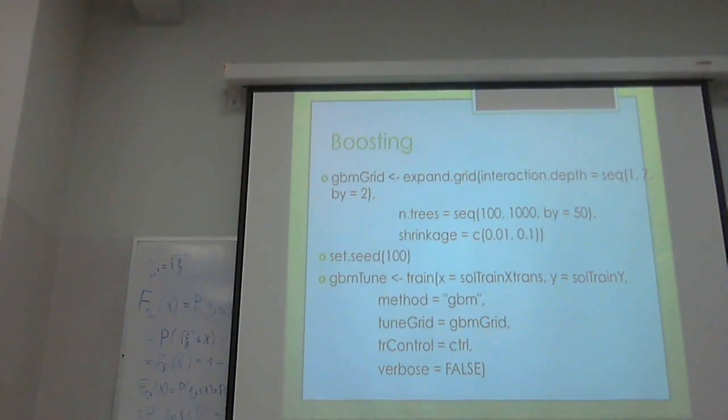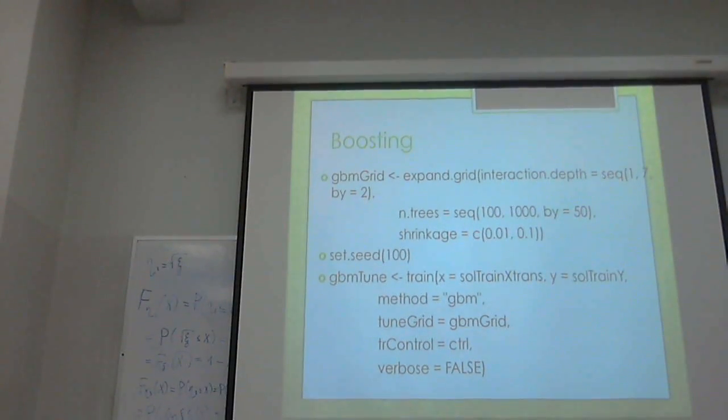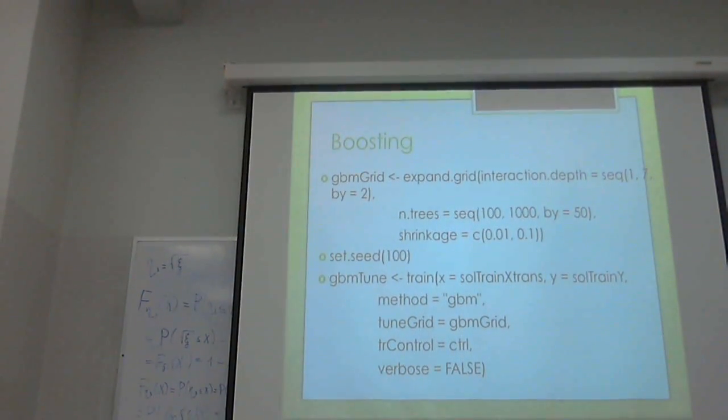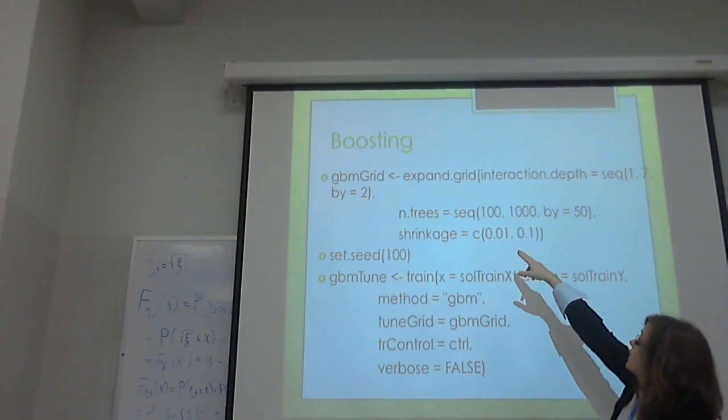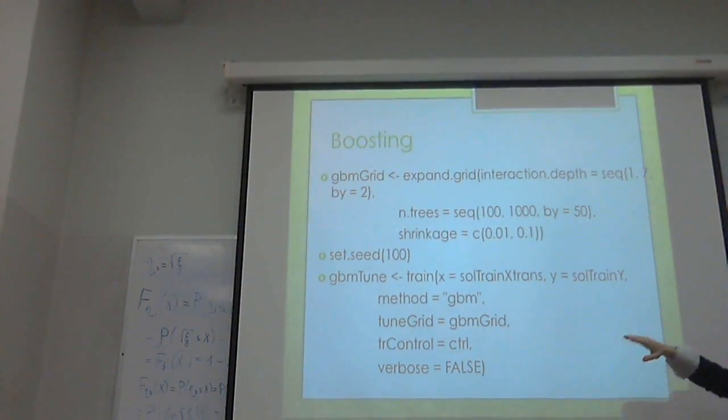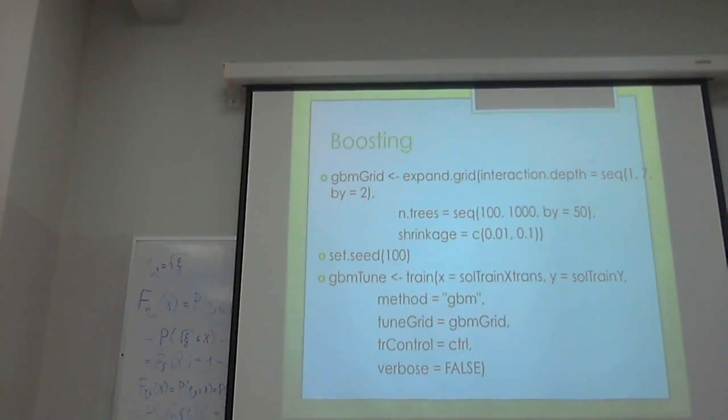First, interaction depth of the tree, which is a sequence from 1 to 7 going by 2. So you took 1, 3, 5, 7. Just 4 values. Then sequence of number of trees, from 100 to 1000, going by 50, meaning it will be 100, 150, 200, 250, 300, 350, etc.